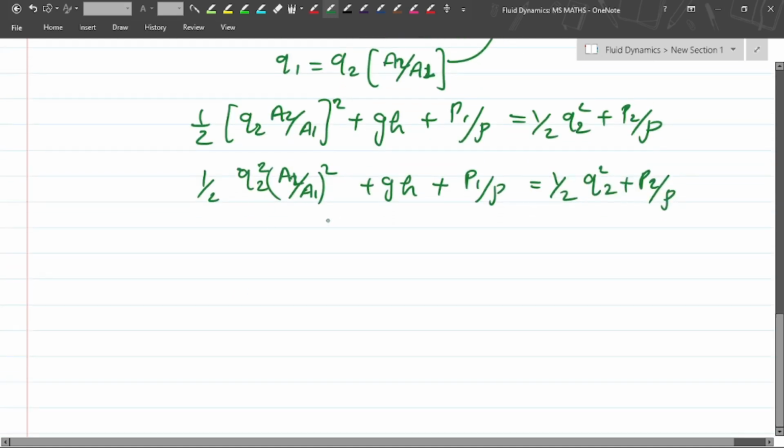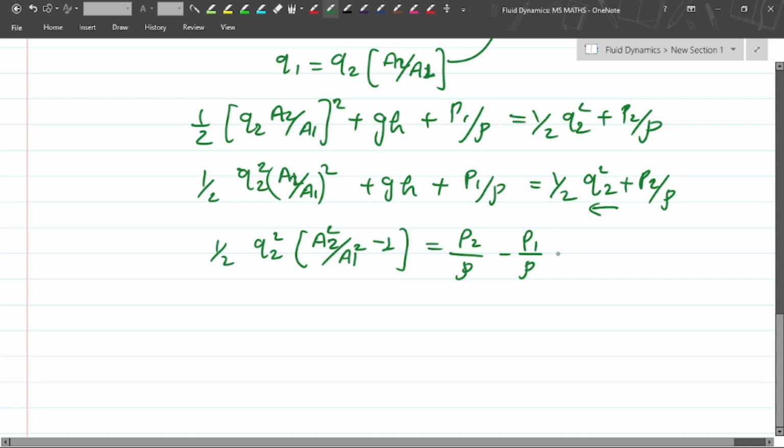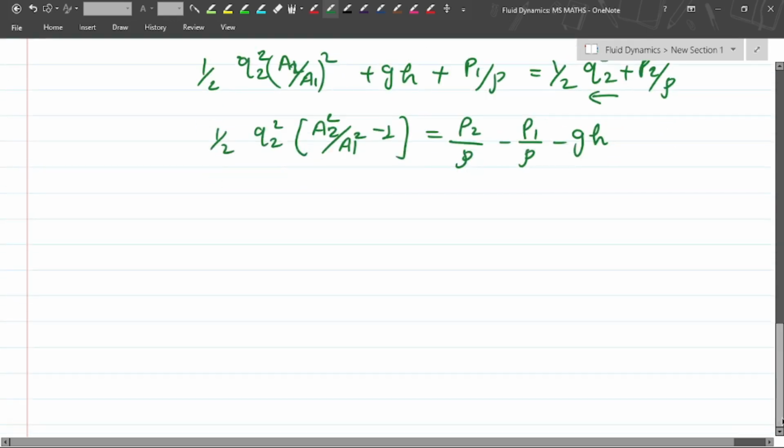Just simplify it: 1 by 2 q2 square, taking it common, so it will be (a2 upon a1) square, all square minus 1, is equal to p2 upon rho minus p1 upon rho minus gh. Basically h1 is h now.